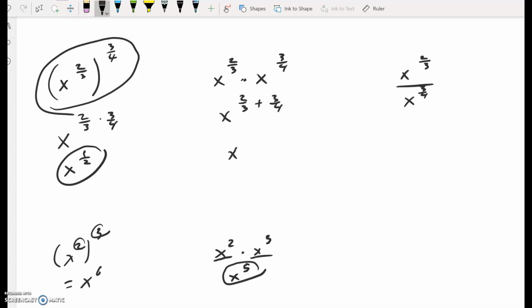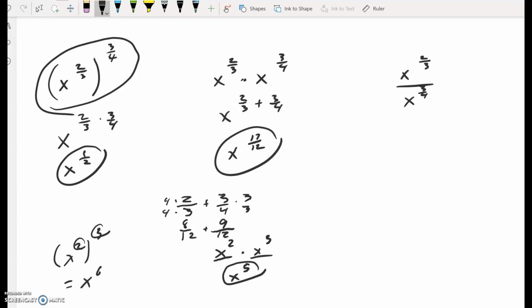In order to figure out what that is, we're going to need common denominators. Common denominator is 12. Here we're multiplying top and bottom by 4 to get the bottom to be 12, so we have 8 12ths. Here we're multiplying top and bottom by 3 to get the bottom to be 12, so we have 9 12ths. And so 8 plus 9 is 17 12ths.